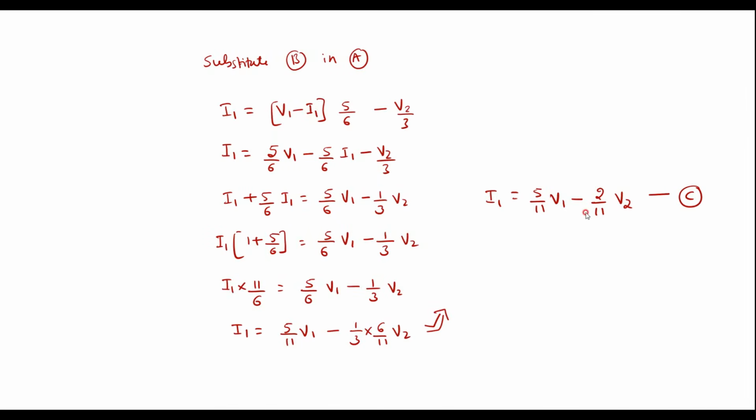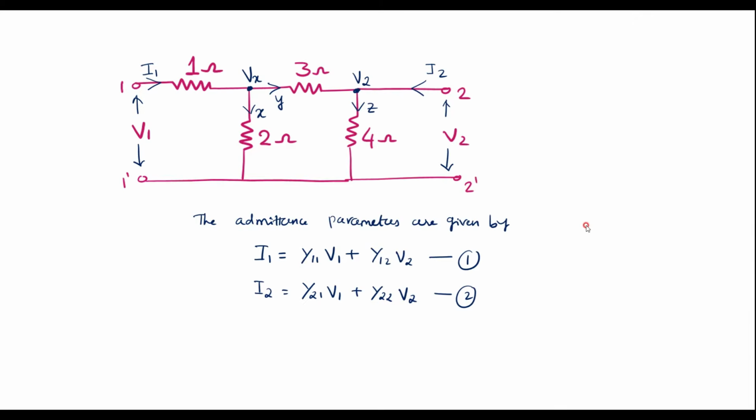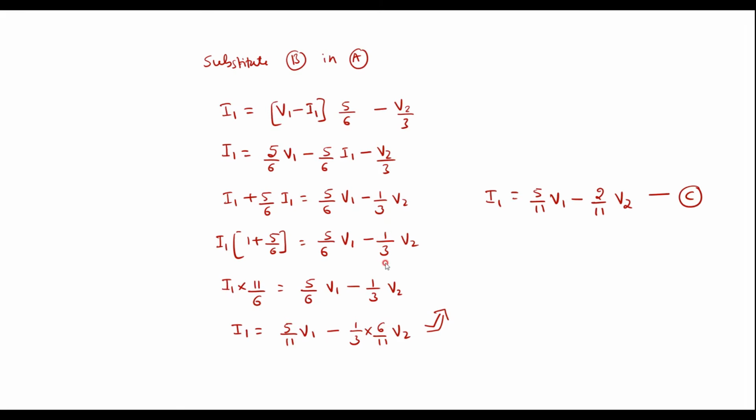So now let me compare equation C with equation 1. Here we can see that I1 is equal to Y11 V1 plus Y12 V2, so the coefficient of V1 is Y11 and the coefficient of V2 is Y12. Here we have the coefficient of V1 as 5 by 11 and the coefficient of V2 as minus 2 by 11.